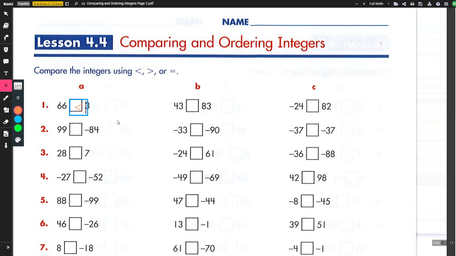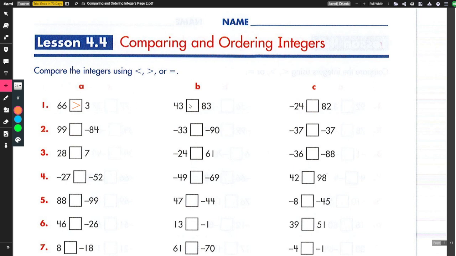Forgot to hold down shift. Whoops. There we go. Remember, the mouth eats the bigger number. So the mouth always eats the bigger number.